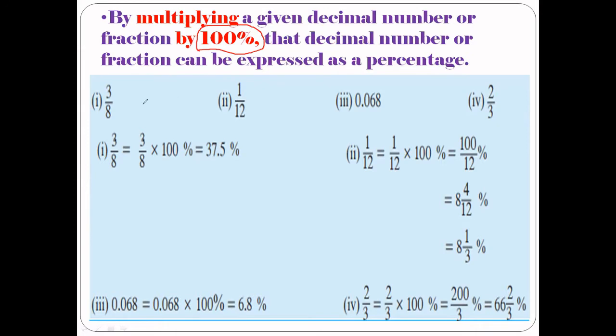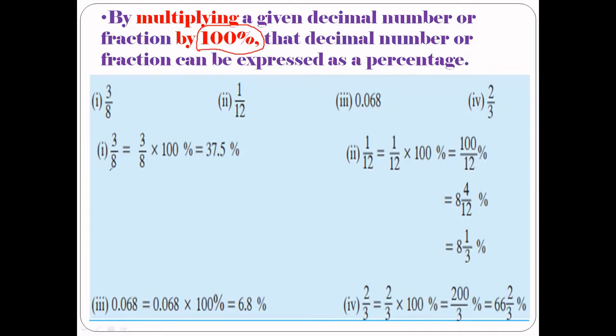Let's see this example. 3/8. According to the method you learned in grade 7, you have to convert this 8 into denominator 100 by writing equivalent fractions. Now what is the method? We multiply 3/8 by 100%.